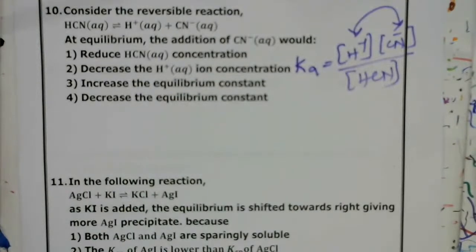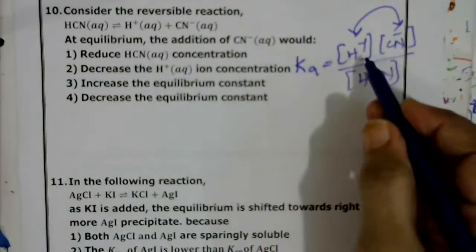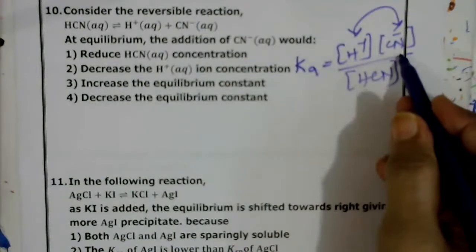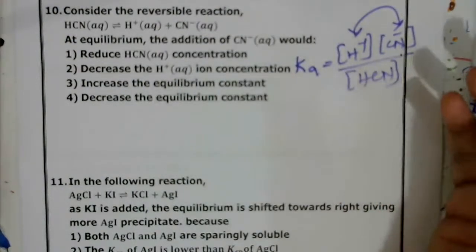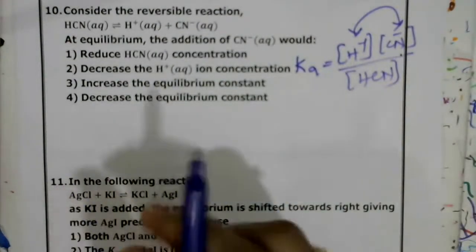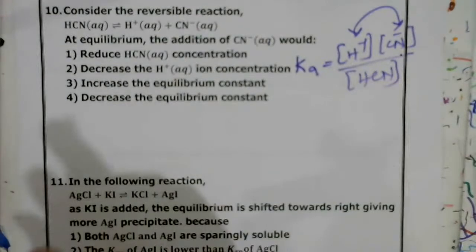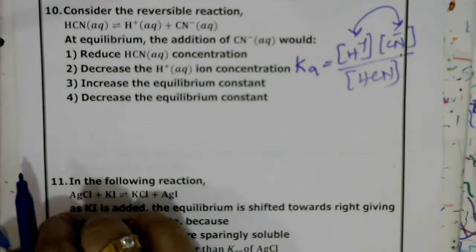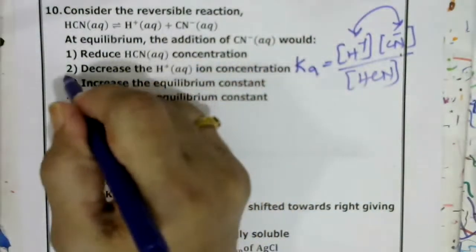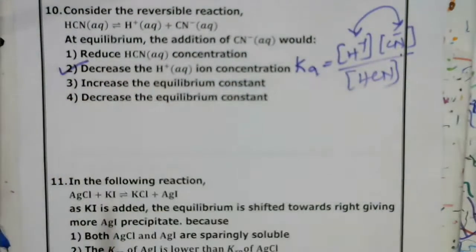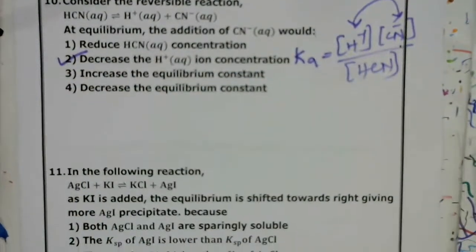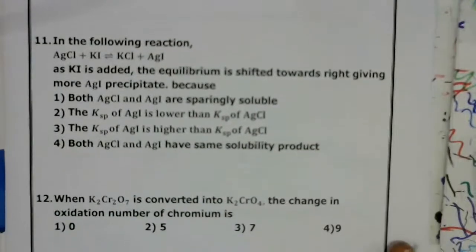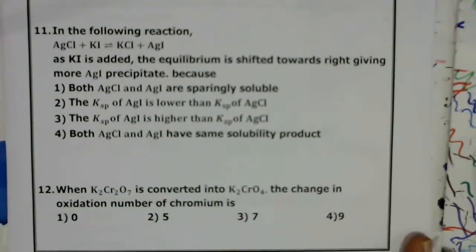Here we can say that whenever they are inversely proportional, one should increase and the other should decrease. Yes, correct answer. Whoever have answered, Ultra Inspector and Khalid Umar. Correct answer. It will be a decrease of H plus ion concentration. Okay, keep it up. Very good. Next, question number 11.